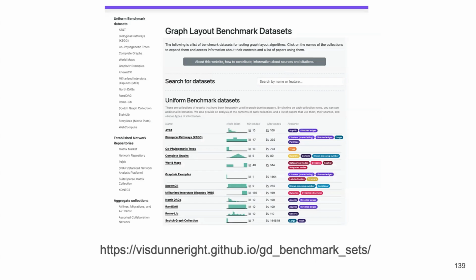And then I also built another website where I am classifying different data sets, where I'm storing the data sets and trying to figure out the landscape of different data sets that have been used for layout algorithms, so that the next person that comes can say, oh, I need a data set that has this number of graphs with this feature, and can go on the website and find something that hopefully works for them.